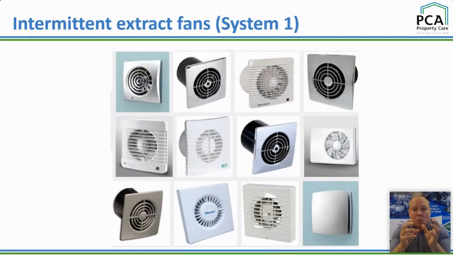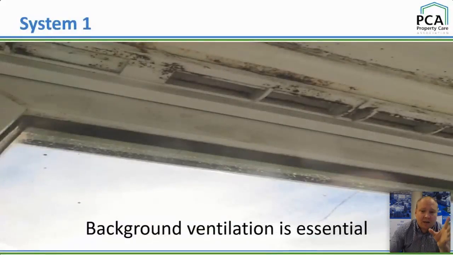When humidity is reaching a peak, it's used to deal with the problem. It's not continuously providing background air. It's essentially just a form of purge ventilation, which is why a system like that is dependent on background ventilation.